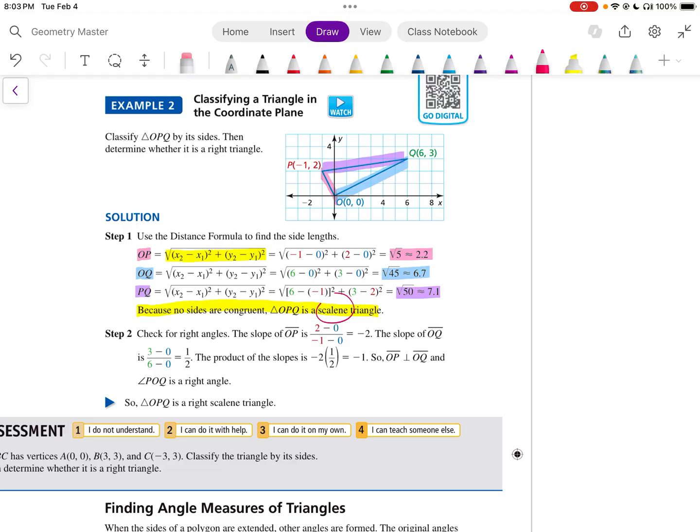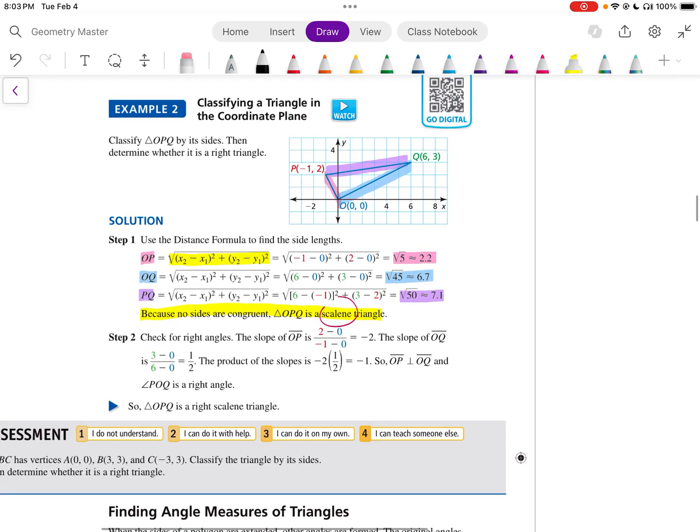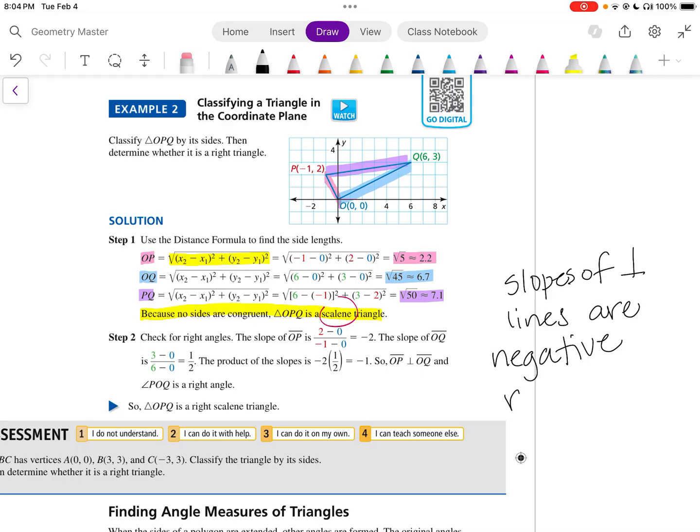Then we check for any right angles, and we can do that by looking for slopes. We know that the slopes of perpendicular lines are negative reciprocals.